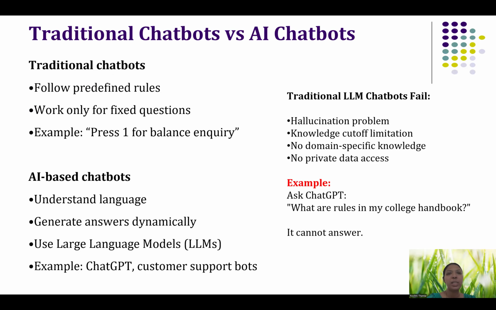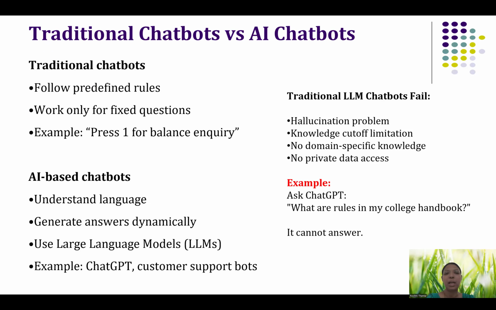As I told you, the traditional chatbots will always follow predefined rules. They have only fixed questions and answers. Many times whenever we ask for any query or service in this kind of traditional chatbot, it will ask us to follow some rules and accordingly respond back to us.